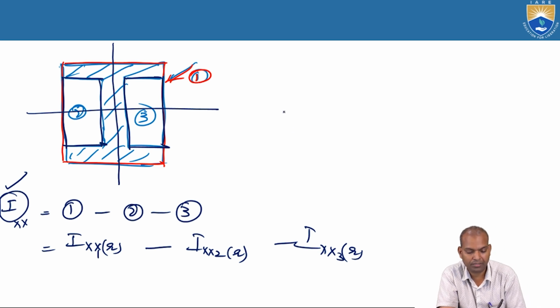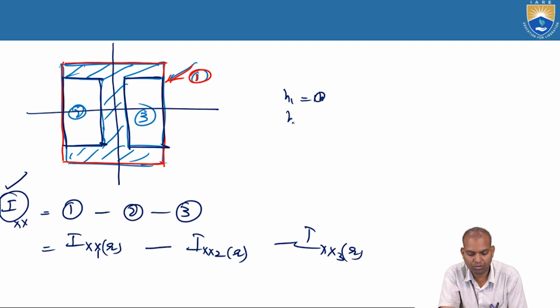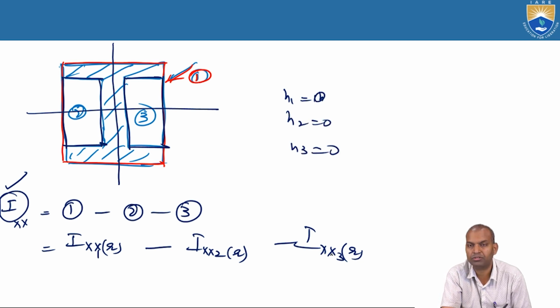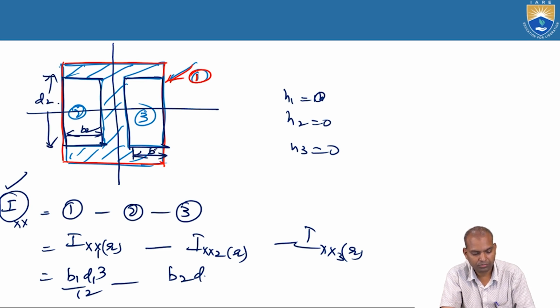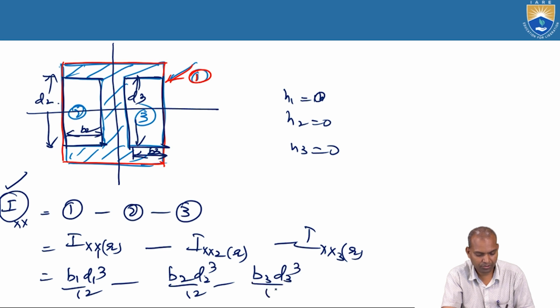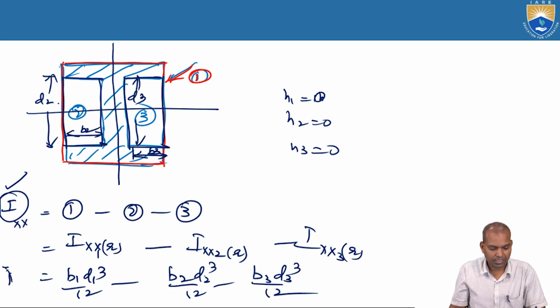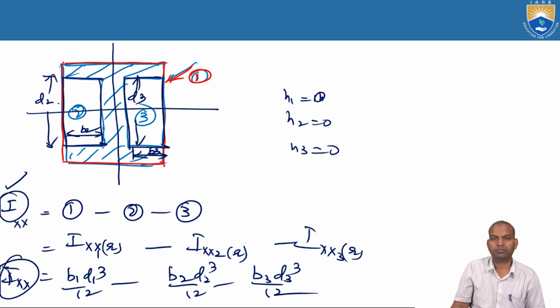For 2 lines of symmetry, if you apply the parallel axis theorem, H1 equal to 0, H2 equal to 0, and H3 also becomes 0. Then finally what will happen here? B1 D1 cube by 12 minus B2 D2 cube by 12, where it is B2 and D2, and B3 and D3, minus B3 D3 cube by 12. That is Ixx of the whole section.